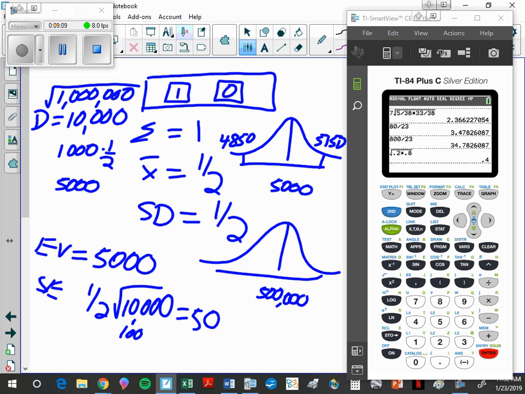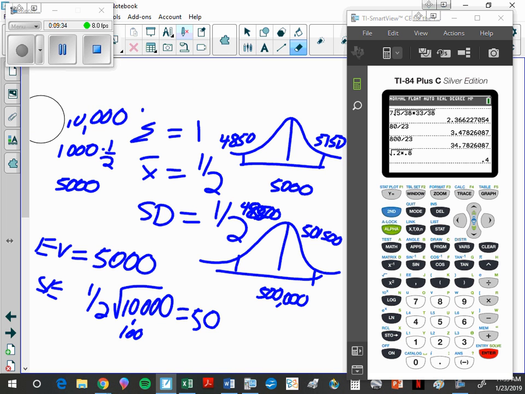What's the chance that I'm between 498,500 and 501,500? What do you notice? It's still 3 SEs away, 99.7%.